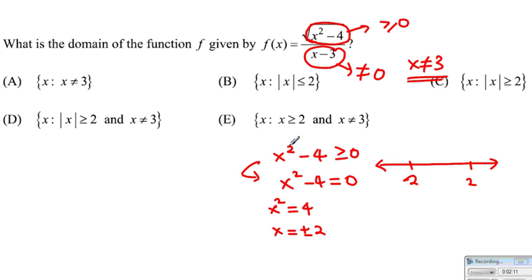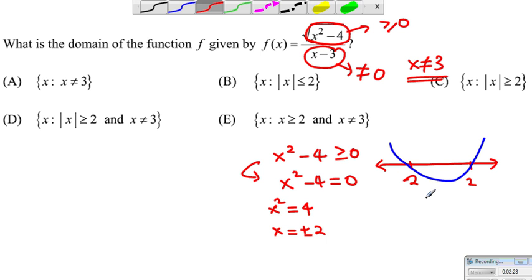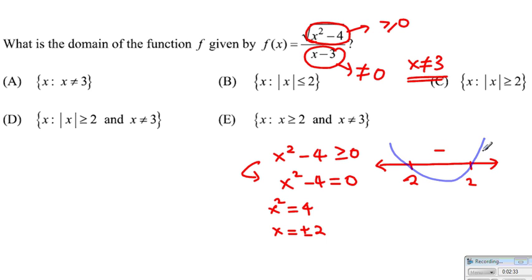We are looking for this section to be positive, but if you imagine the graph of x squared minus 4, you would have gotten something like this. Meaning, the inner portion becomes negative because it is below the x-axis. The outer portion becomes positive.